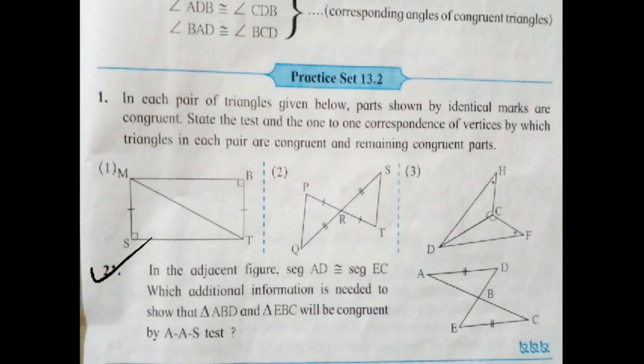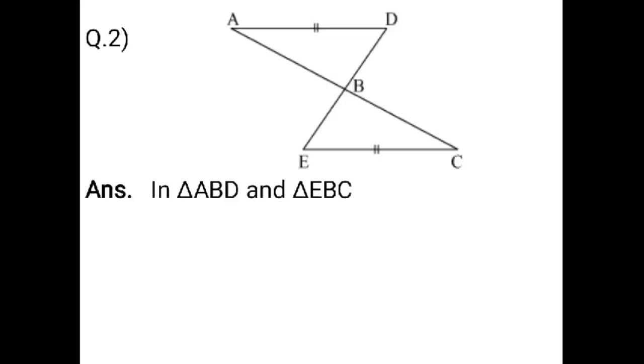In the adjacent figure, segment AD is congruent to segment EC. Which additional information is needed to show that triangle ABD and triangle EBC will be congruent by angle side test? In triangle ABD and triangle EBC, segment AD is congruent to segment EC, in bracket given. You have to take two pairs of congruent angles to show angle side test.